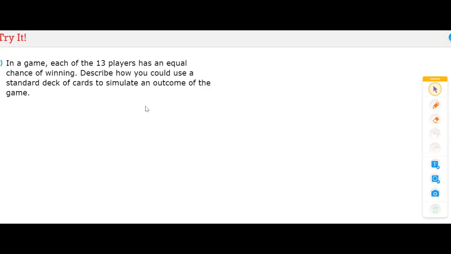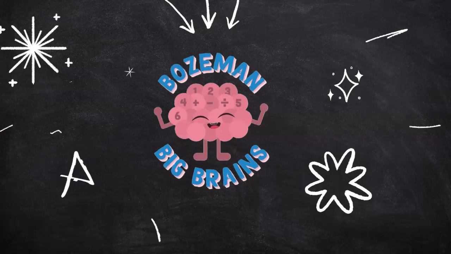If a player is assigned an ace and an ace is pulled, they win. If a 10 is pulled, the player assigned the 10 wins. If a 3 is pulled, the player assigned the 3 wins that game. That's one way you could simulate an outcome of a game with a deck of cards, which has 13 different cards, so it could easily be used for that.